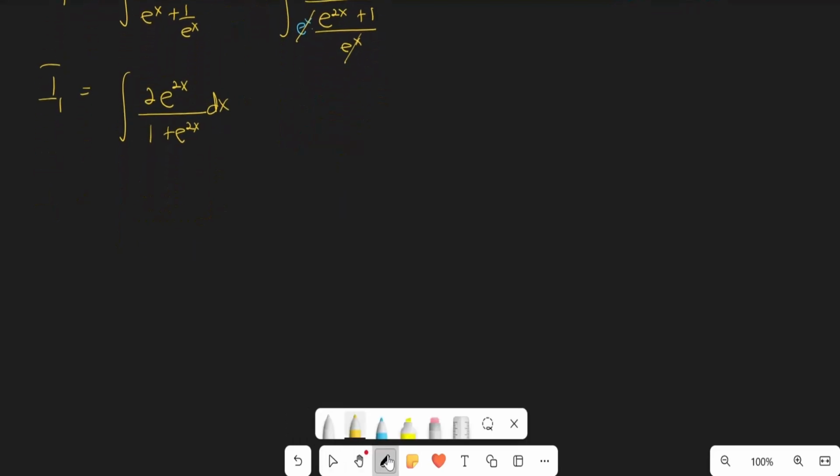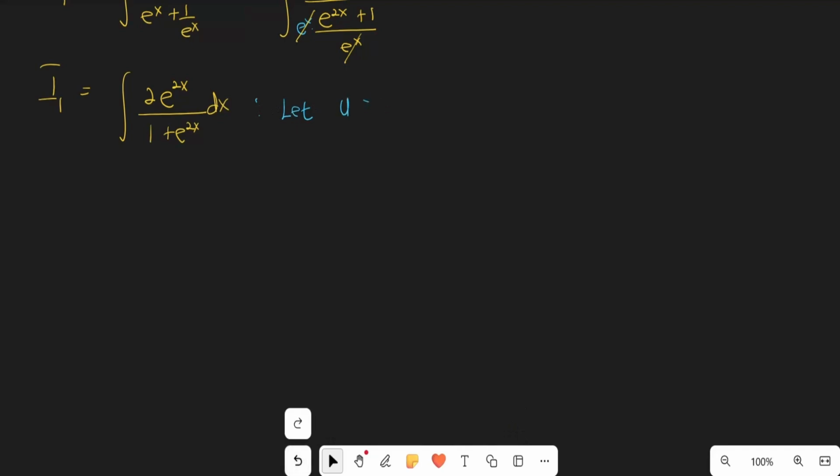Okay, so here now we are going to do a substitution. So we are going to let u be equal to e to the 2x. So when we do this, that means that du is going to be equal to 2e to the 2x dx. So this is the derivative. So that means that 2e to the 2x dx on top, I'm going to replace that with du.